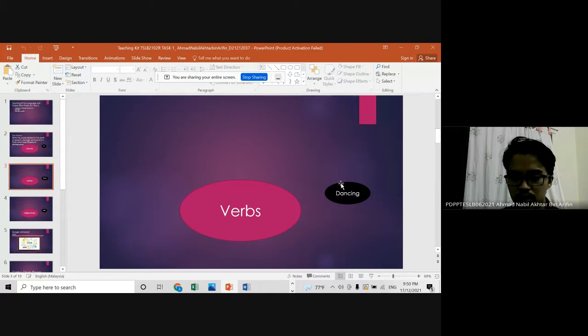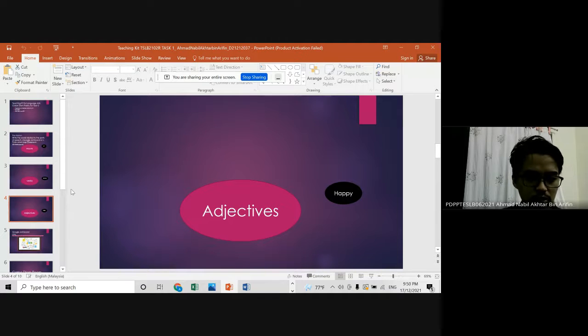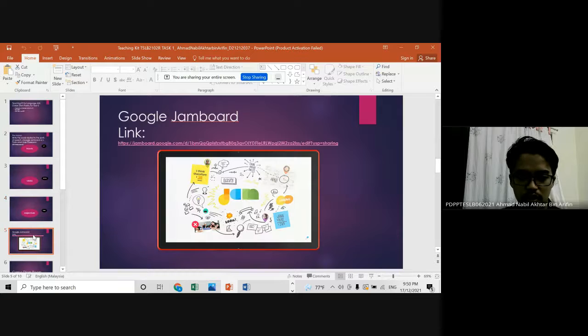The ing means the gerund, or the progressive form of the verb. And lastly, the adjectives, the third one that is important in this Carpe Diem poetry. So this is one of the examples.